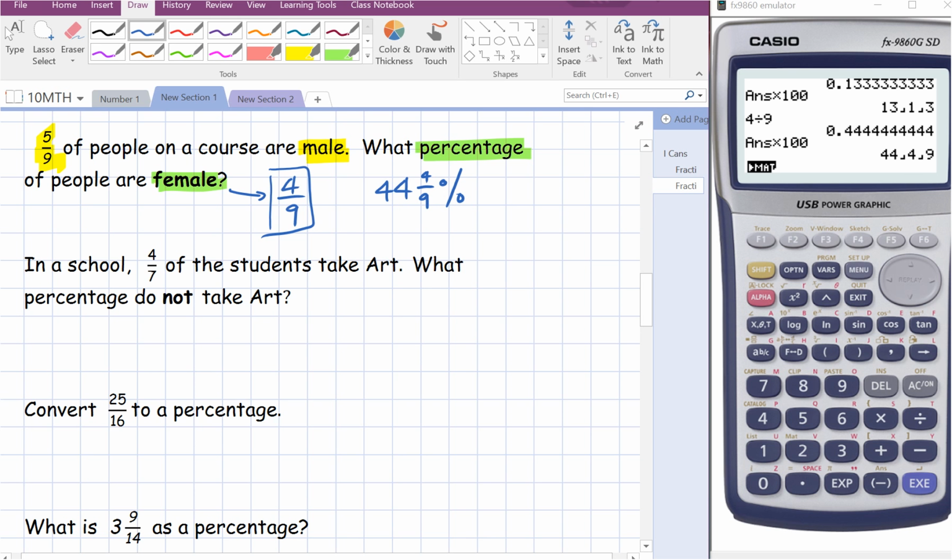Next question. In a school, 4/7 of the students take art. So 4/7 take art. What percentage do not take art? Okay, so what percentage do not take art? So of course, if 4/7 take art, then 3/7 do not take art.